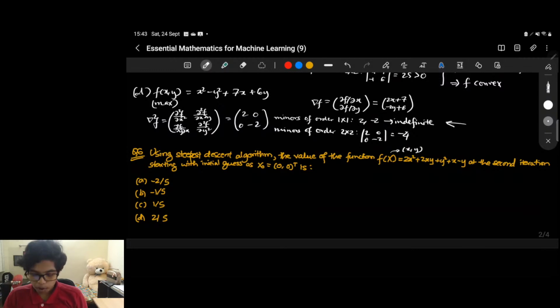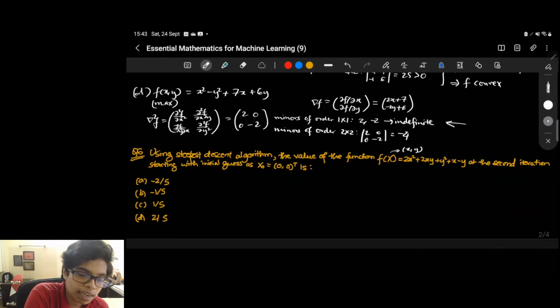So f(x, y) is 2x squared plus 2xy plus y squared plus x minus y, and we need to find the value of the function at the second iteration, starting with the initial guess (0, 0), using the steepest descent algorithm.